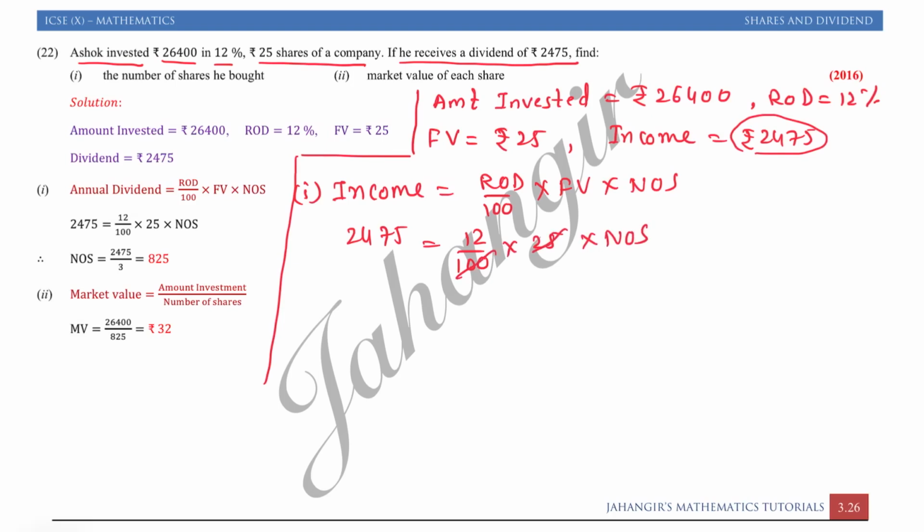So 25 ones are 25, 4s are 4, 1s are 4, 3s are 3. Therefore I can write number of shares is equal to 2475 upon 3. 3 8s are 24, 3 2s are 6, 3 5s are 15. Therefore number of shares is equal to 825. First question done.